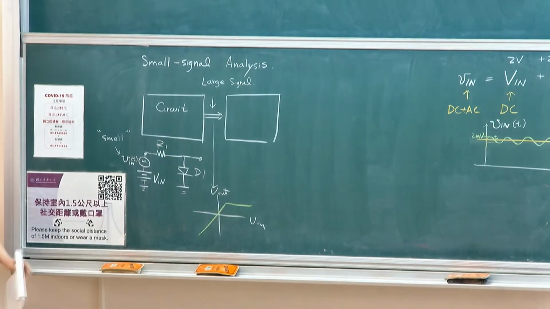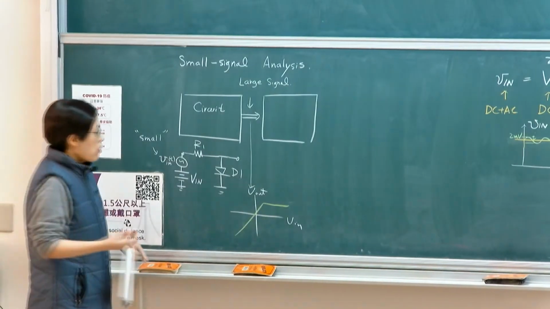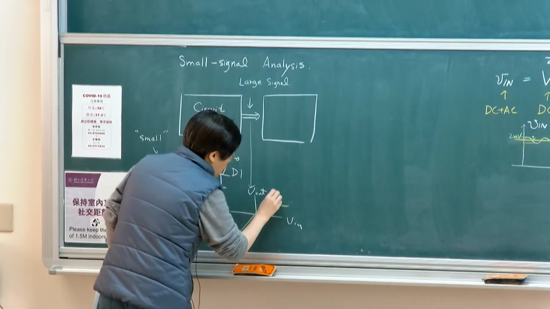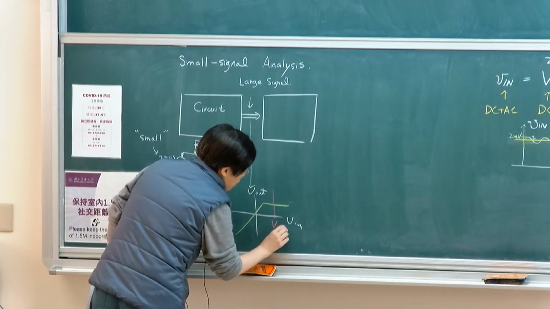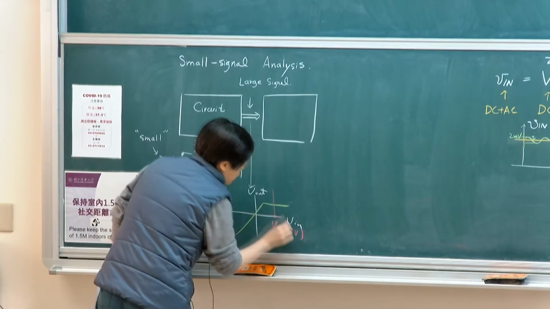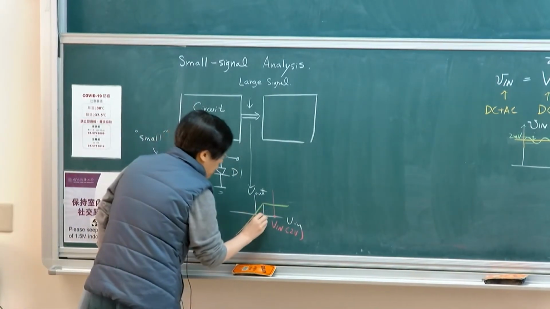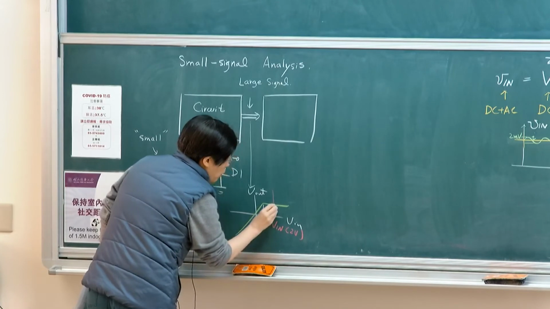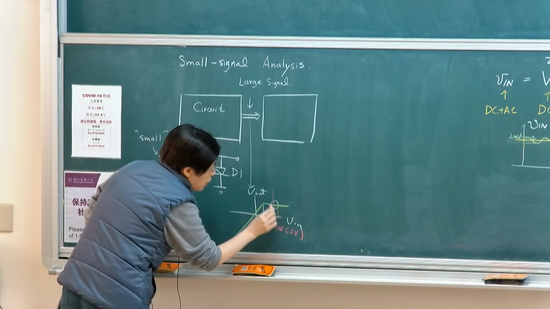Then I would like to decide where I will stand, depending on what the circuit is. If this is a regulator circuit, maybe I'm standing right here. If this is my V_in, so this is 2 volt, I'm actually exceeding my boundary. For example, this is 0.8. So I want to look at what happens if I change a little bit.